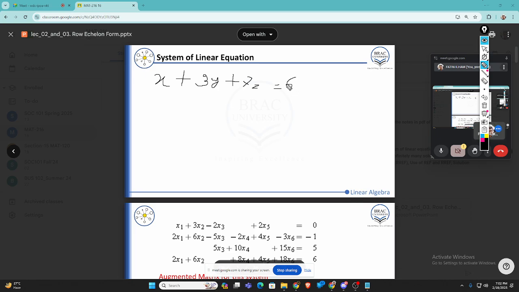x plus 3y plus 7z equals 6, right? And then 2x plus 5y plus 9z equals 8. 3x plus 6y plus 10z equals 10.